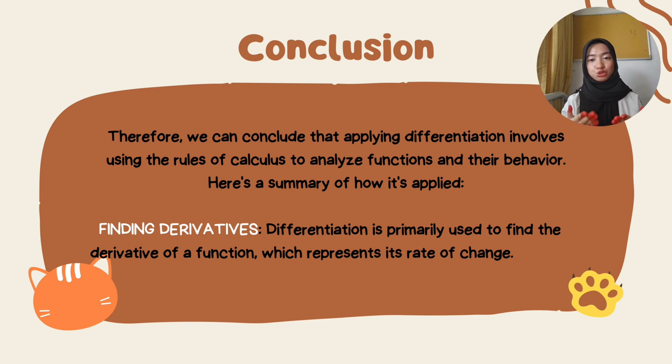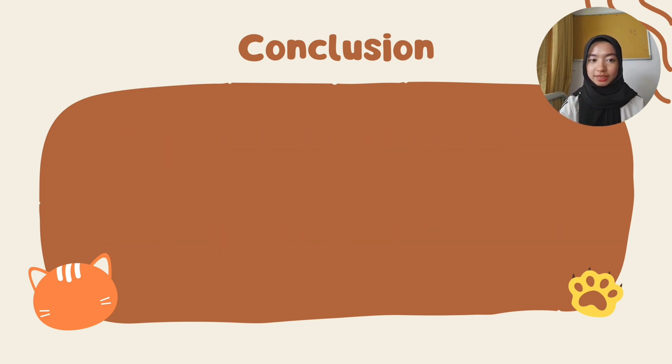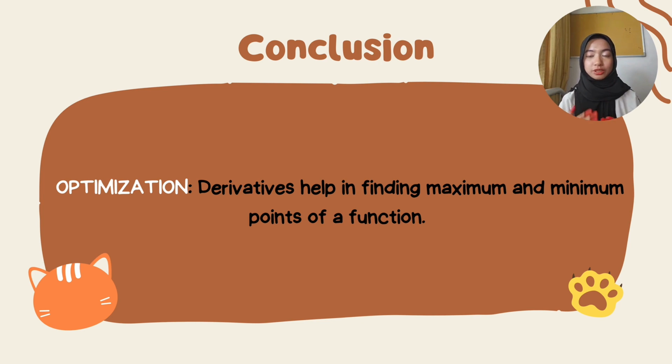Differentiation is primarily used to find the derivative of a function, which represents its rate of change. For example, for a function f(x), the derivative f'(x) or df/dx tells us how f(x) changes with respect to x.